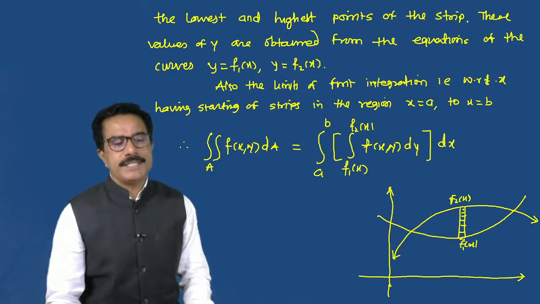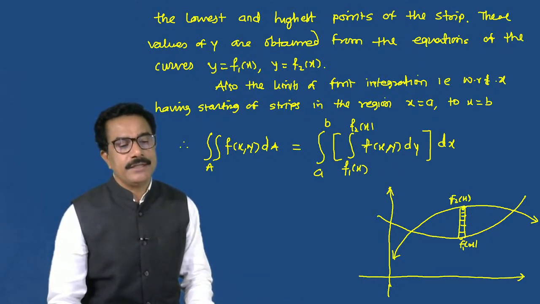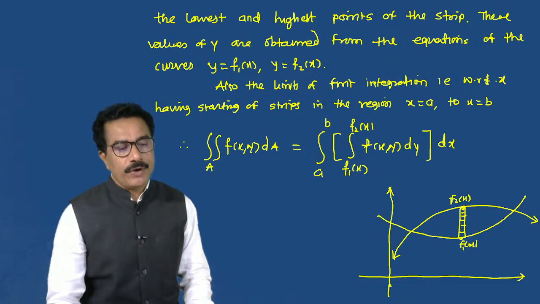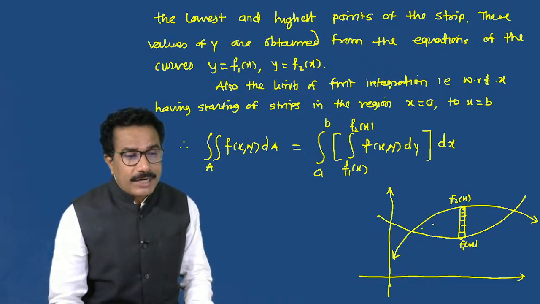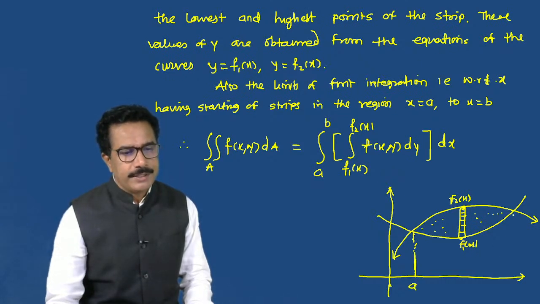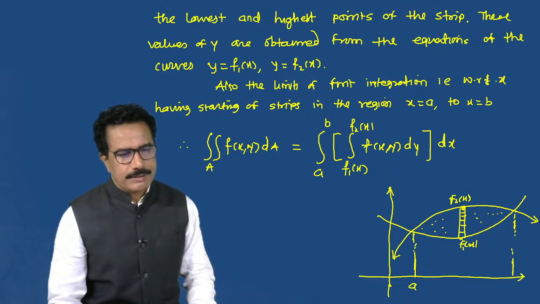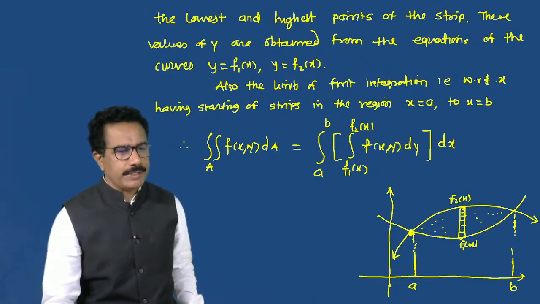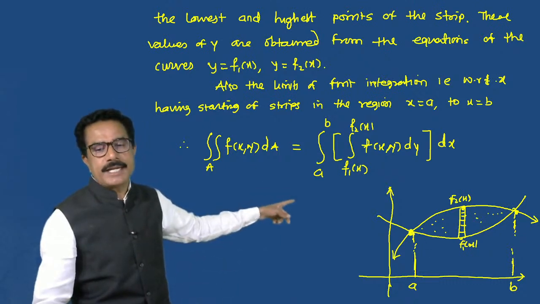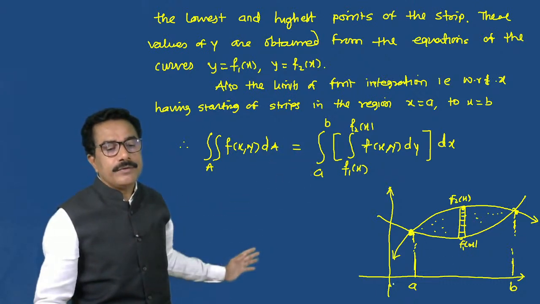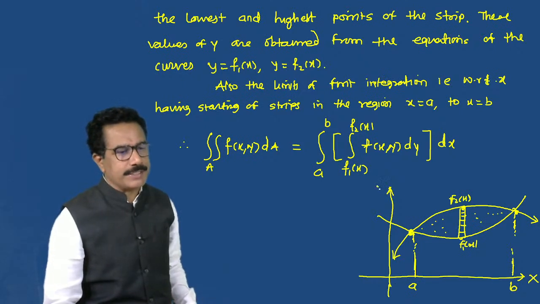So the lower limit of the second integral with respect to y is f1 of x, and the upper limit is f2 of x. But the starting of this region is from here, this is the intersection point of both curves, A to the point B. See this intersection point, this is the starting. So A is the starting point, B is the end point over the x-axis, and this is the y-axis.